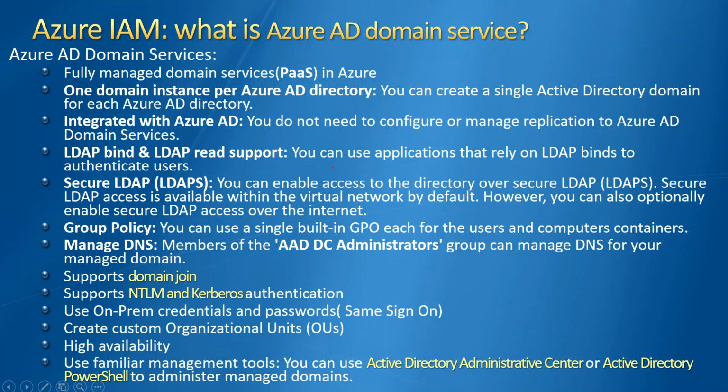Otherwise, that's not going to work for you. So you want to use on-prem credentials and passwords. That is possible only when you have set up Azure AD Connect to sync your identity and password hash. I mean, it doesn't sync the password, it syncs the password hash, which is a hash of a hash of a hash. It's hashed multiple times.